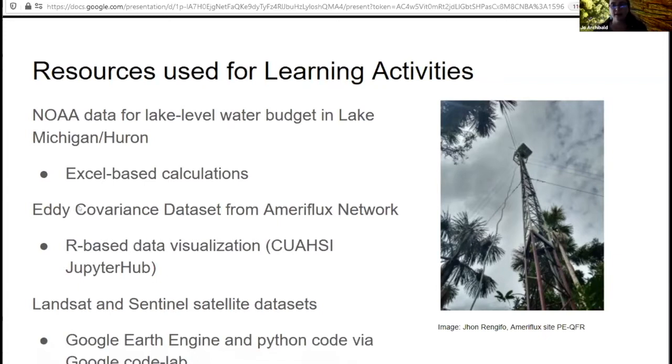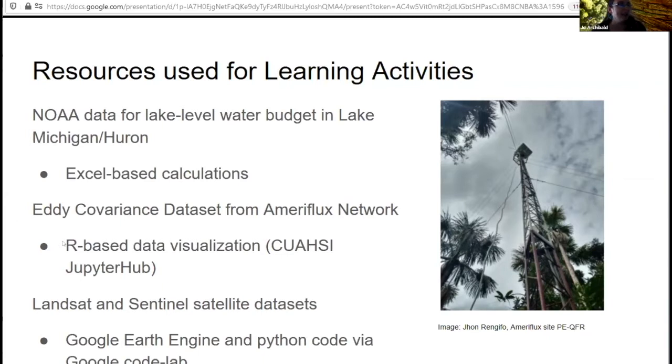These are temporally high resolution measurements of evaporation and energy fluxes at one point location. So it gives us an opportunity to compare our estimates with actual measured values, which isn't usually the case when we're estimating ET.